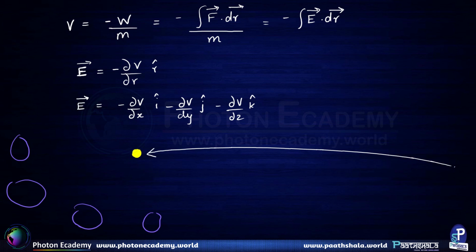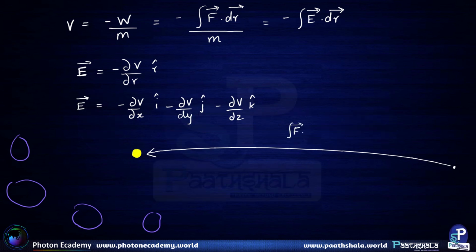Here infinity is taken as the reference point. So the work done will be given as the integration of F dot dr. At infinity the potential is assumed to be 0, so the change in potential is nothing but V at that finite point.